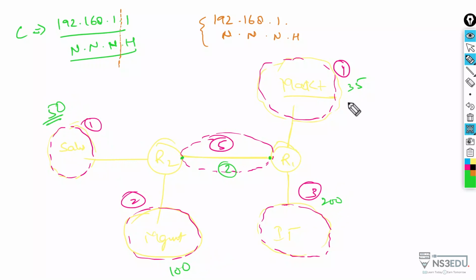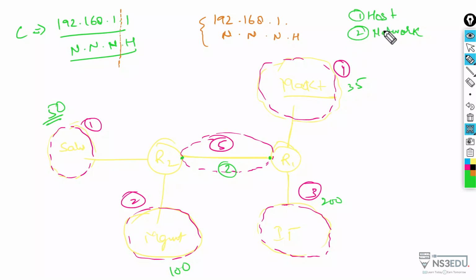Now subnetting can be done in 2 ways. The first one is according to the requirement of hosts, and the second one is according to the number of networks. So now there are 2 options.